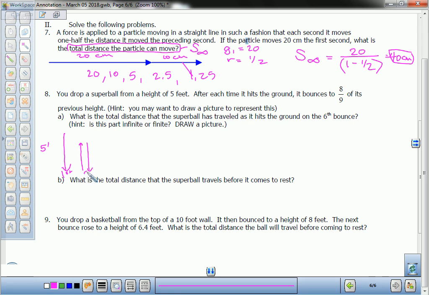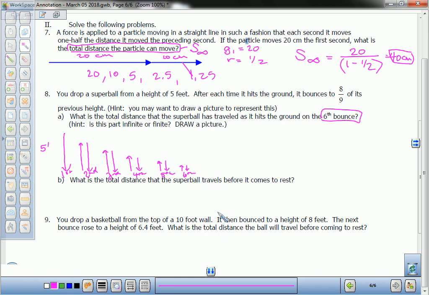That's my second bounce. Then it goes back up, not quite as far, and comes back down. That is my third bounce. Then it goes up and comes back down, but not as far. That's my fourth bounce. Then it's going to do it again, and that's my fifth. And this time, I'm not saying infinite, I'm saying 6 times. And we stop. That's all we're adding up.